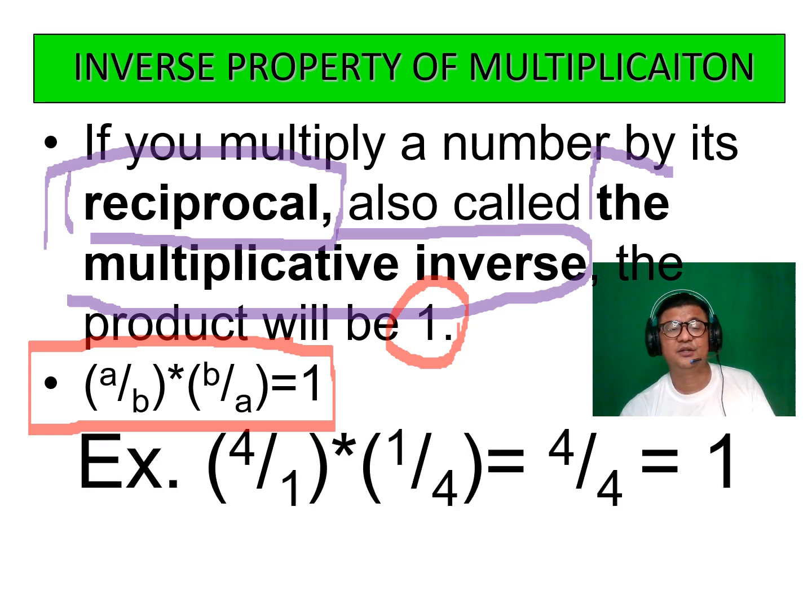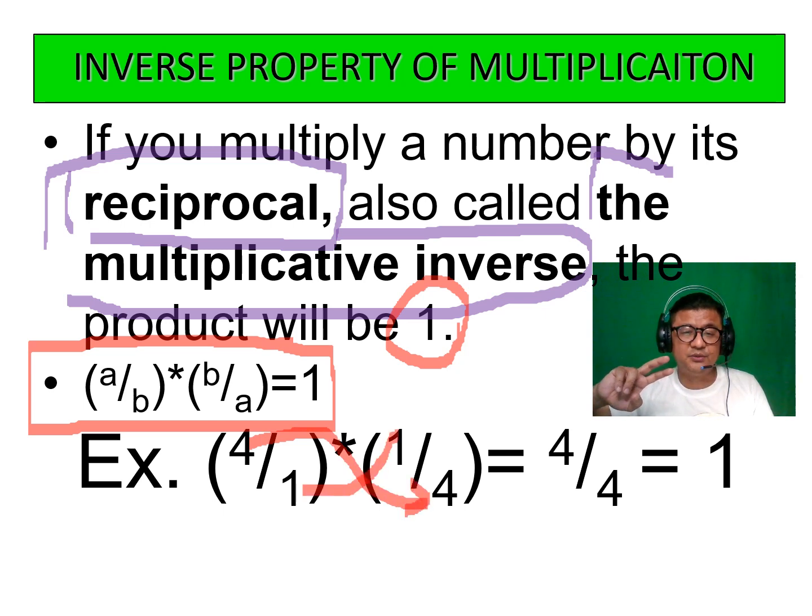So check it out. If I have 4 over 1 and multiply it by the reciprocal, look at my fingers, reciprocal, the 4 goes down and the 1 goes up, okay? You'll get 4 times 4, 4 times 1 is 4, 1 times 4 is 4, 4 over 4 is a 1. Yeah, it's a 1.